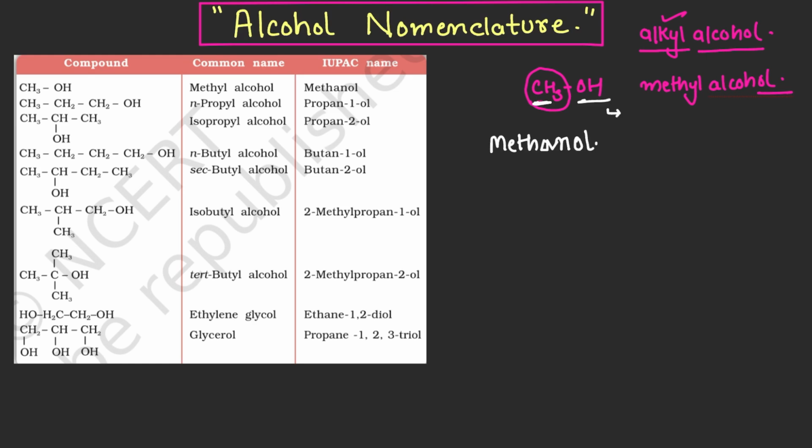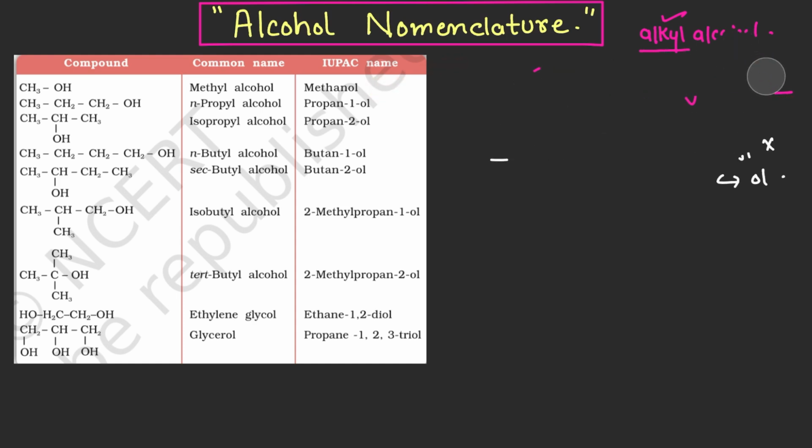Always remember that for the alcohol we are going to use the suffix ol. So the name comes out to be methanol, and this is the IUPAC nomenclature. Alright, let's move on to the next compound.